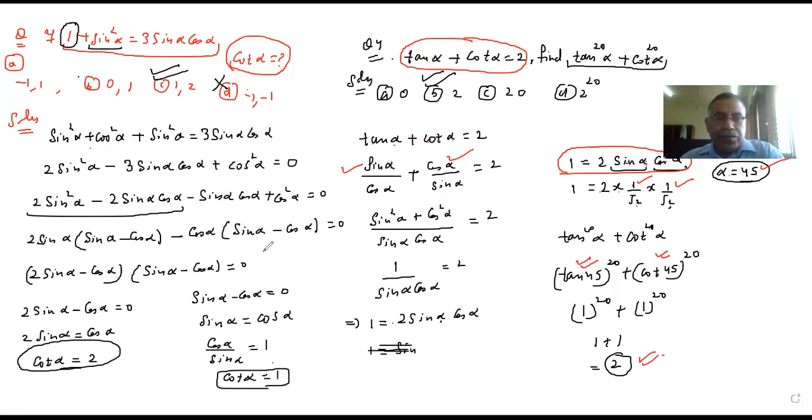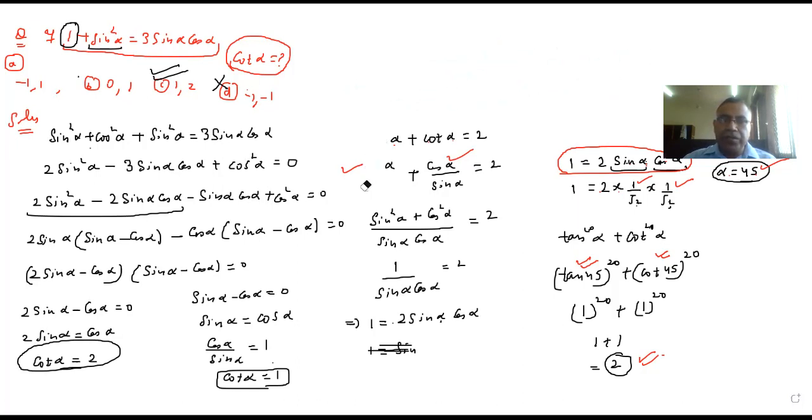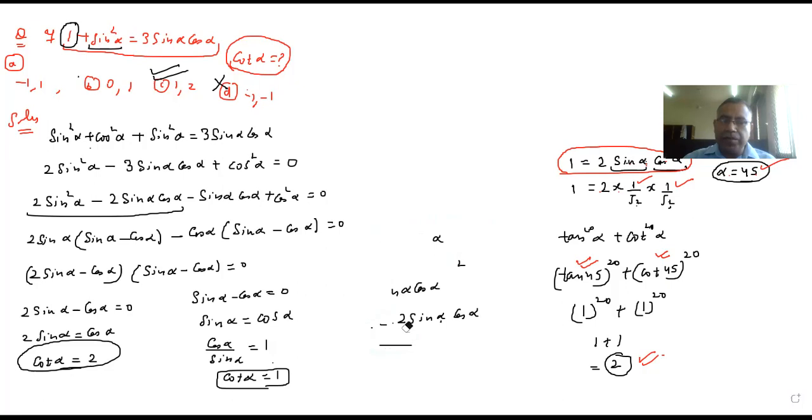Any doubt to any student, you are free to ask. But these questions are very important, especially the types. Don't try to cram the questions. Try to learn the types, how we are solving the questions. These types must be in your mind.